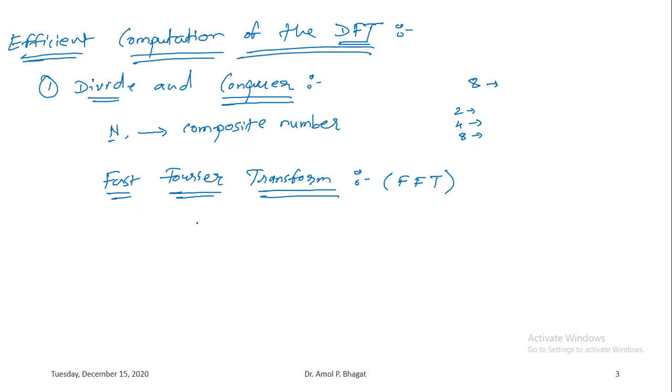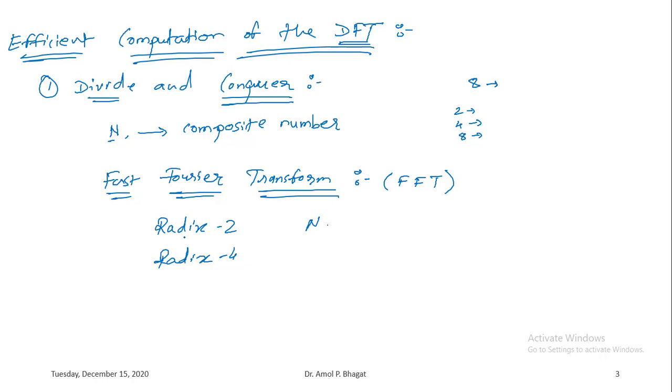The first one is the Radix 2 approach, and the second one is the Radix 4 approach. These are the two strategies that can be used with the fast Fourier transform for efficient computation of DFT. When the size, that is capital N, is a power of 2, it is referred to as the Radix 2 approach, and when it is a power of 4, it is referred to as the Radix 4 approach.